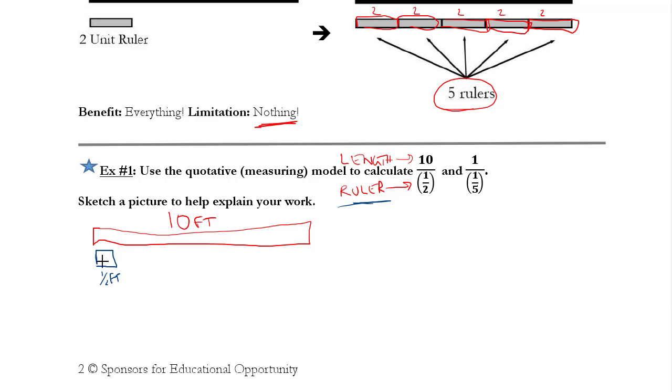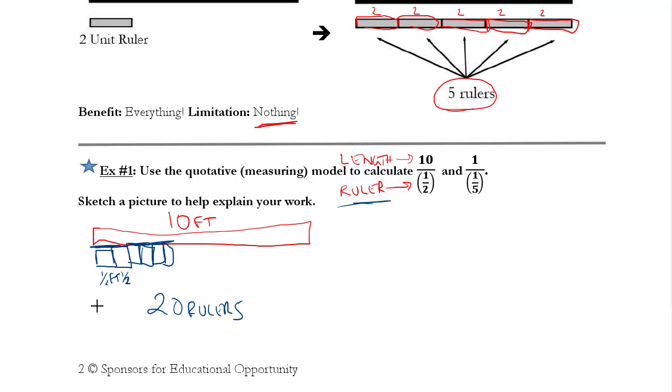So how many 1/2 feet does it take to measure this 10 feet? Well, if I had 2 of these rulers, that would get me up to 1 foot. We can use proportional reasoning. That means if I had 4 rulers, that would get me up to 2 feet. 6 rulers would get me 3 feet, and we can keep going, and we can see that it would take me 20 rulers to get to 10 feet.